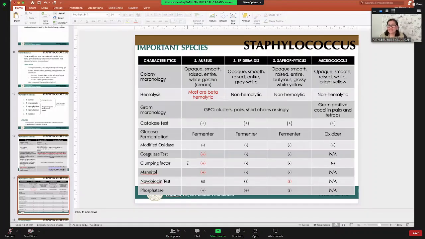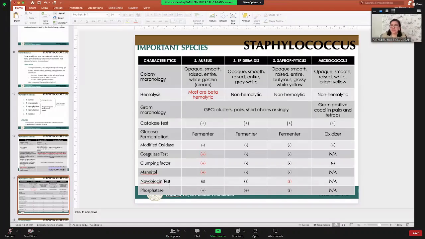Only Staph aureus is capable of secreting the coagulase enzyme. So that's positive, all the rest are negative, as well as the clumping factor, positive, all the rest are negative. Mannitol, I've mentioned it already. Only Staph aureus is able to utilize mannitol.